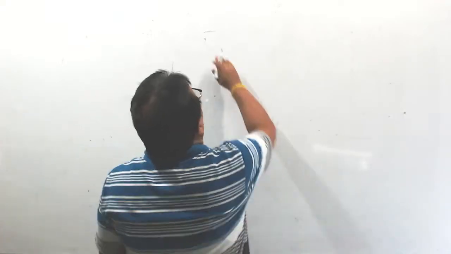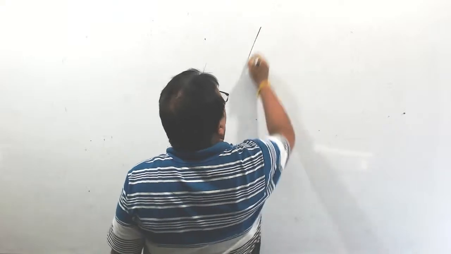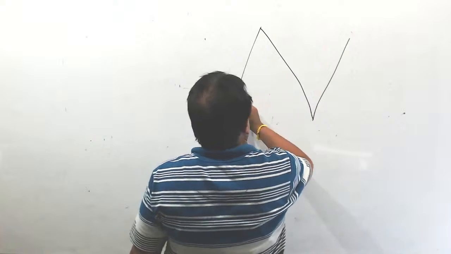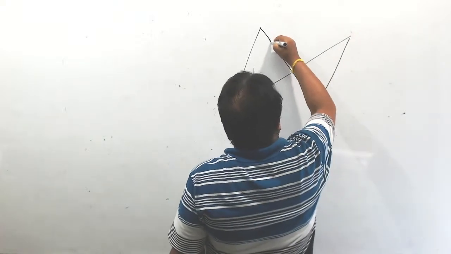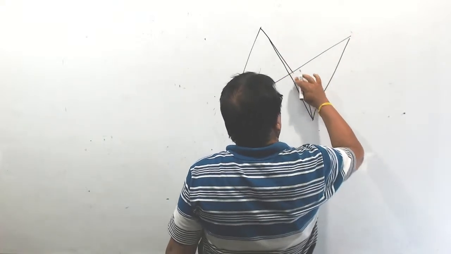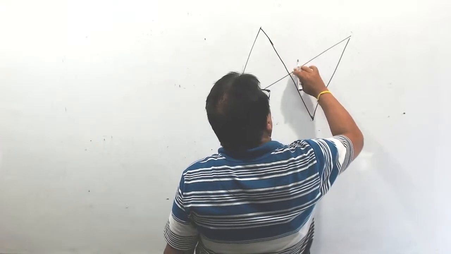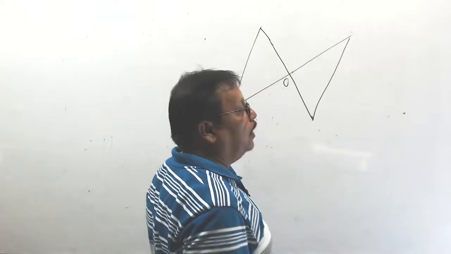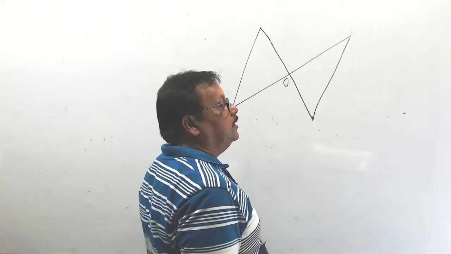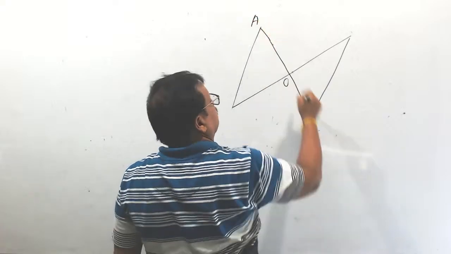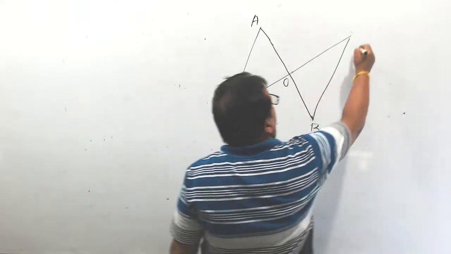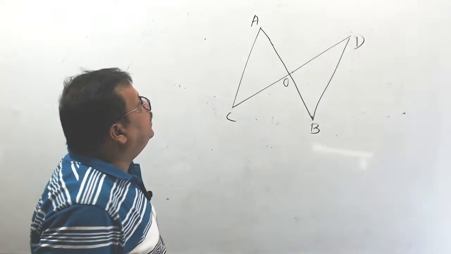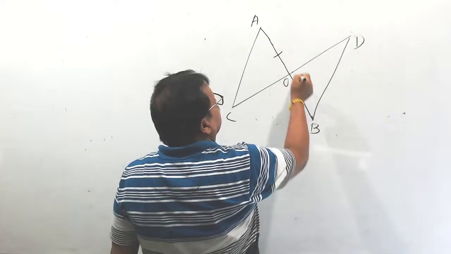Okay, let me draw first. Now I think clear. O is the midpoint of AB and CD. Correct?